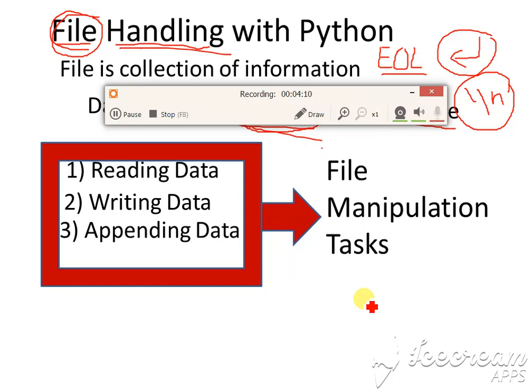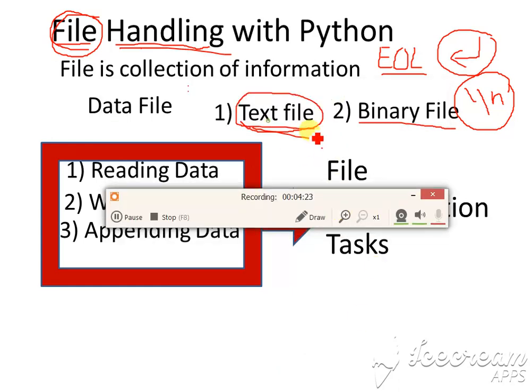But again, in a nutshell, in this whole chapter, we will open either a binary file or a text file in our Python program, and then we will process these files. So this is called file handling with Python.